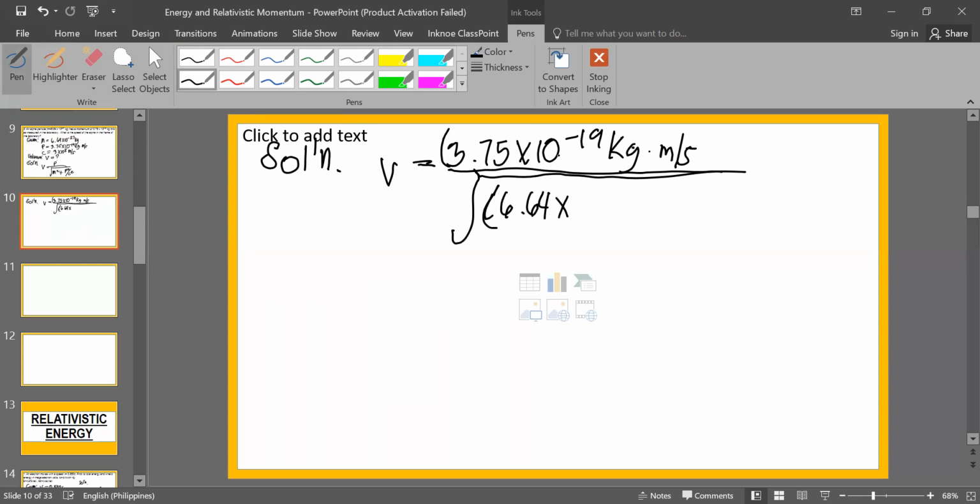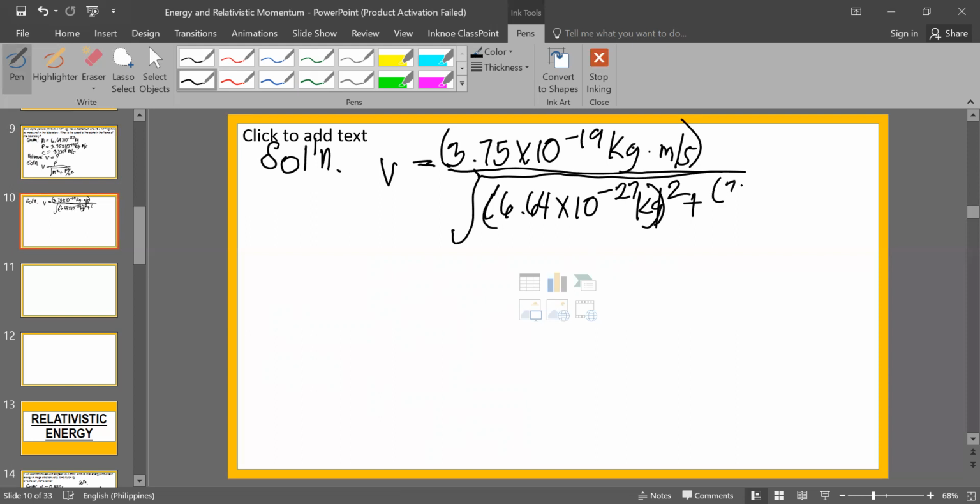Kailangan natin lagyan ng close and open parenthesis para somehow mas goods yung kakalabasan ng sagot. 6.64 times 10 raised to negative 27 kilograms. Kailangan na i-square yan. Plus, P square over C square.